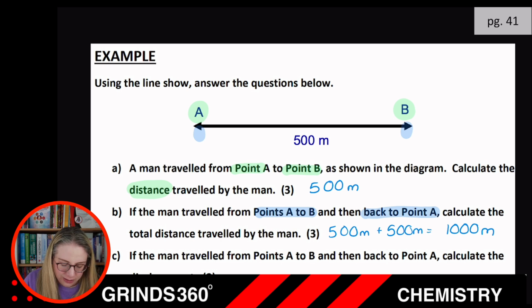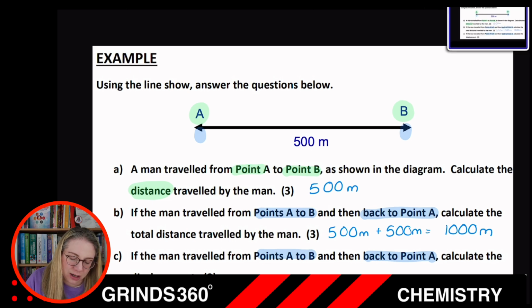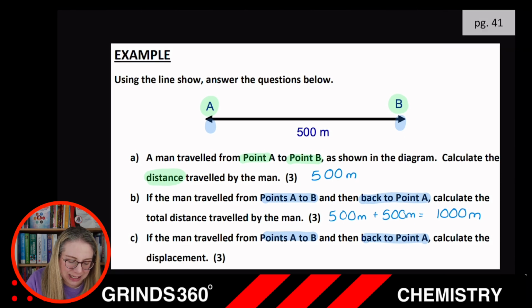If the man travelled from points A to B and then back to A, calculate his total displacement. Now, if he is in the same place that he started from, what would his displacement be? It's going to be 0. Why? Because he's right back where he started. So he has a 0 displacement, because he started in the same place and ended up in the same place.